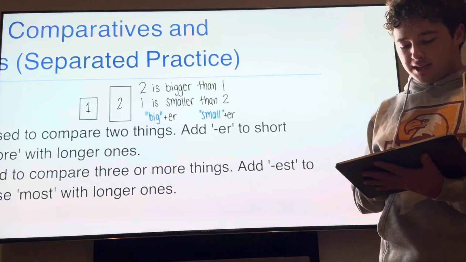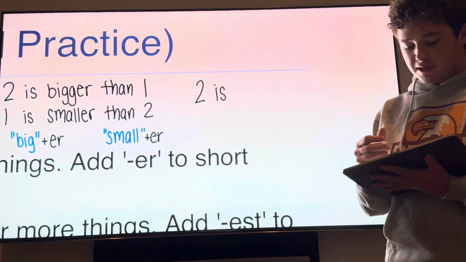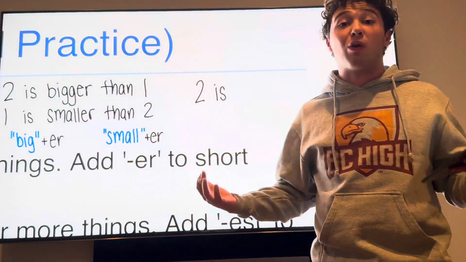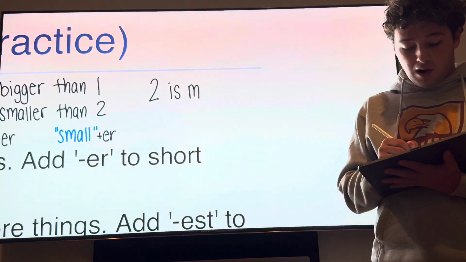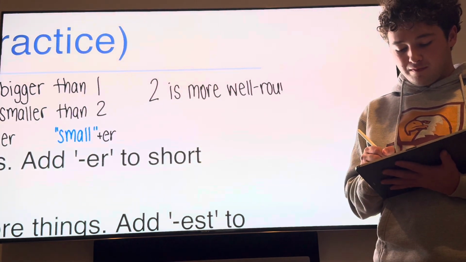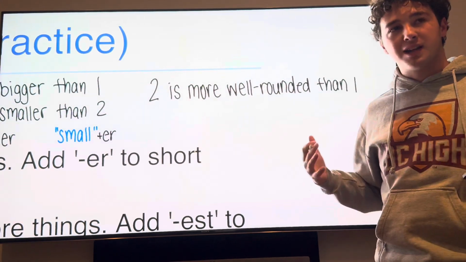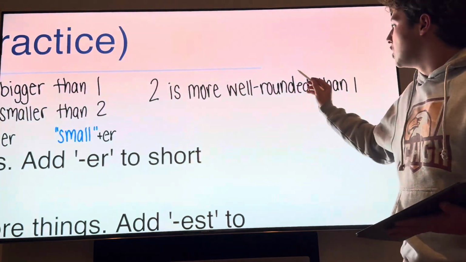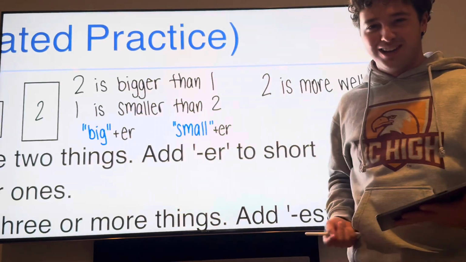So let's say you wanted to call the rectangles well-rounded, for example. 2 is more well-rounded than 1. Doesn't make a ton of sense in the case of rectangles, but this is an example of how you use a longer word, you use more, whereas a shorter word, you just add ER.